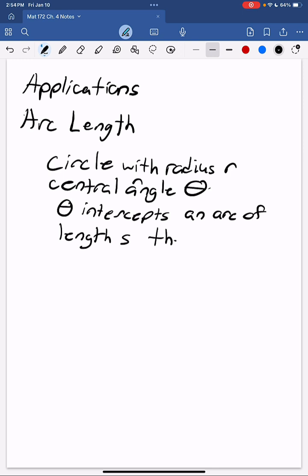Then s is equal to r times theta. Let me show you a picture of that, because that's a lot to take in. We have a circle that has radius r. Let's say that we intercept here. That's also r. Here's our angle theta. This portion is s.